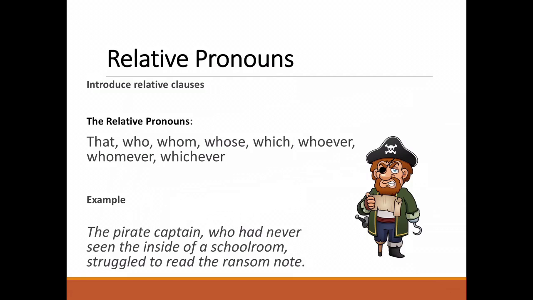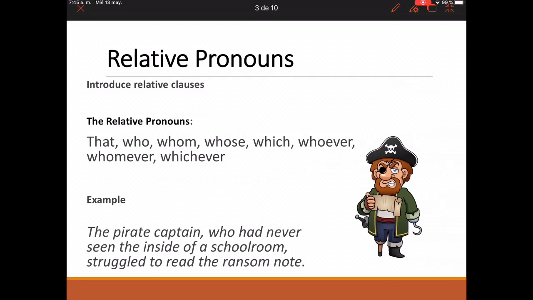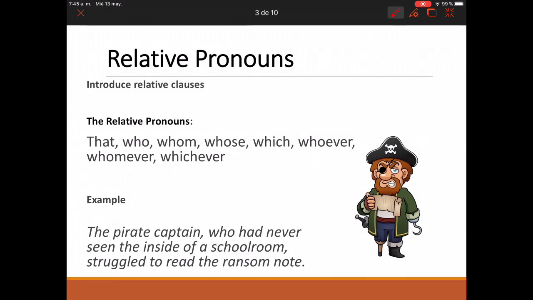Let's see the example. The pirate captain, who had never seen the inside of a schoolroom, struggled to read the ransom note. If you see here, guys, relative pronouns introduce relative clauses.